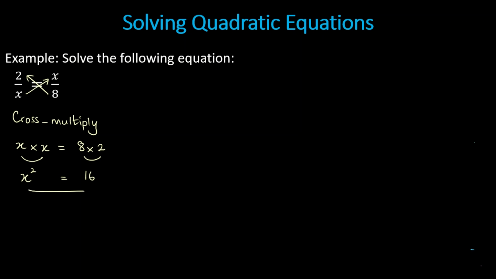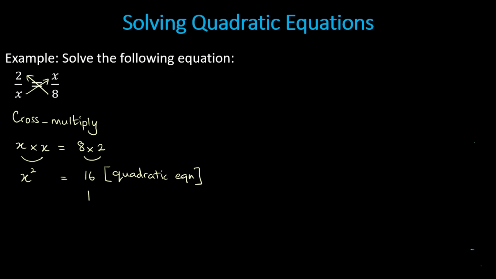Okay, now what have we got here? We have obtained what we call a quadratic equation, and this type of equation you already know how to solve from the previous sessions. How do we solve a quadratic equation?